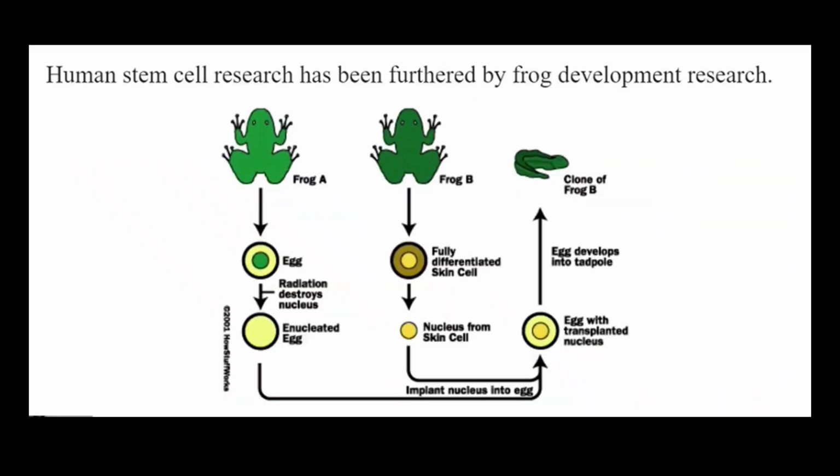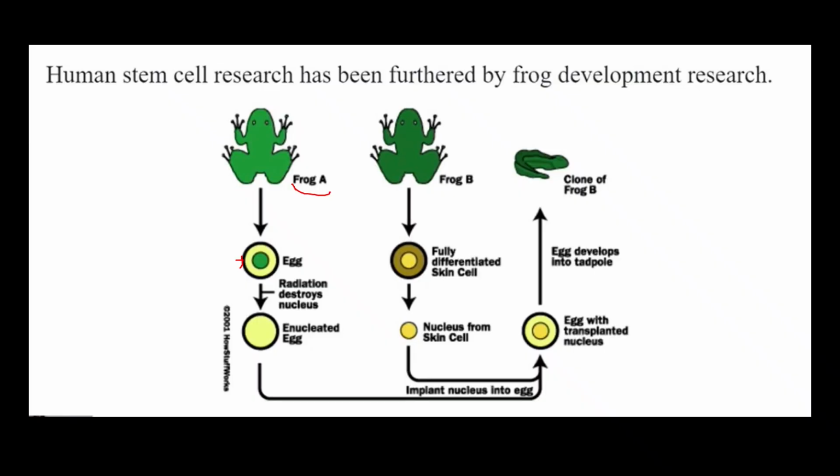A very cool application is cloning. We think that cloning happened really recently, but actually with frogs we have talked about cloning since a long time ago. Why? Because the eggs were very big, so it was very easy to manipulate them. In one experiment, you can have a frog A and remove the nucleus from the egg, leaving the cytoplasm.